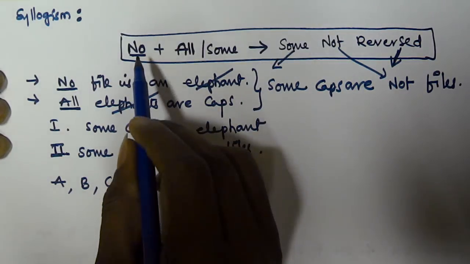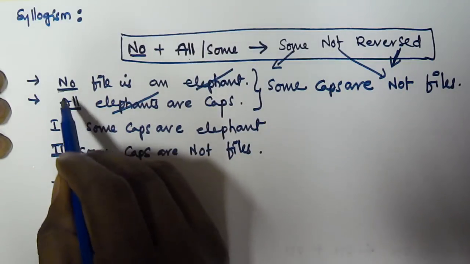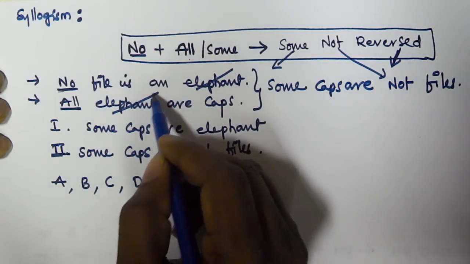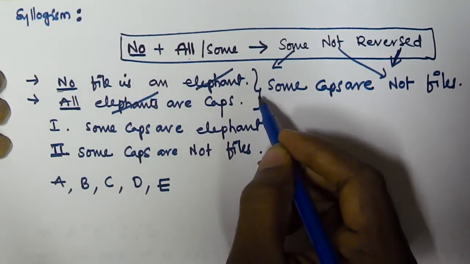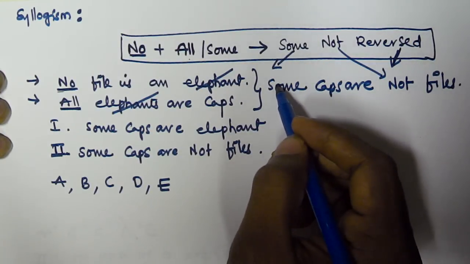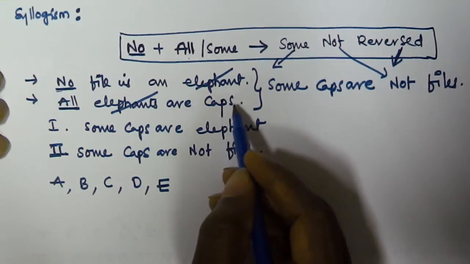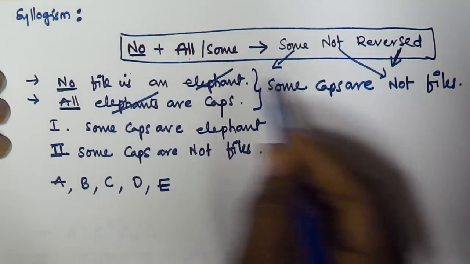If the first statement is starting with no and the second statement is starting with all or some, and the predicate of the first one is equivalent to the subject of the second statement, then the derived conclusion is going to start with some. Then reversed we take: the second one's predicate becomes the subject and the first one's subject becomes the predicate.